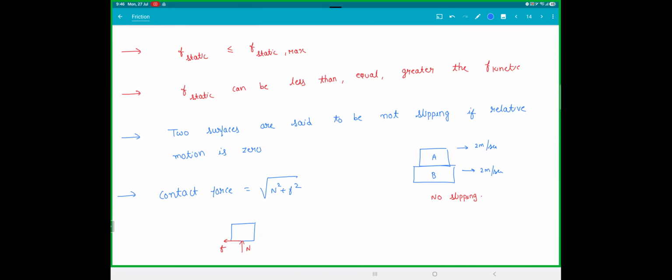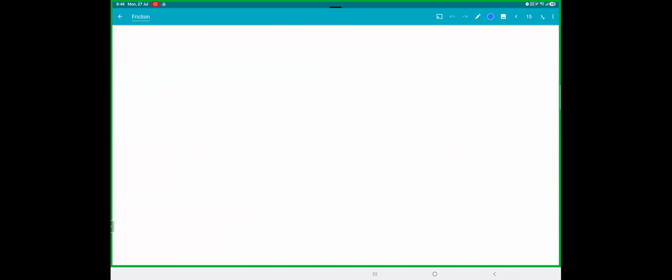Yeah, let's start off. Let's start with the question, everyone. We got a wall here. Mu is 0.4. So if nothing is mentioned, assume mu s is equal to mu k.